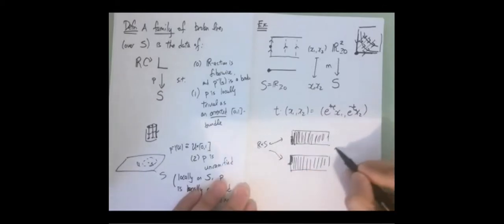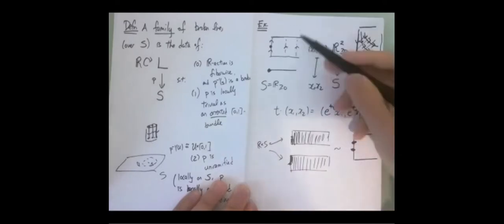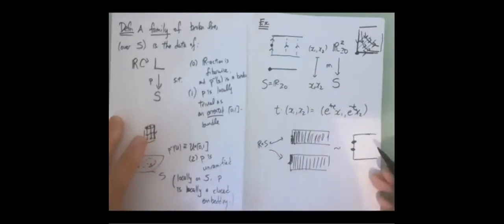And I can just glue. For example, I can start getting families of broken lines that look like this. Once you construct this, it's fairly easy to construct newer examples. So let me describe some other concrete examples of families of broken lines that generalize this.